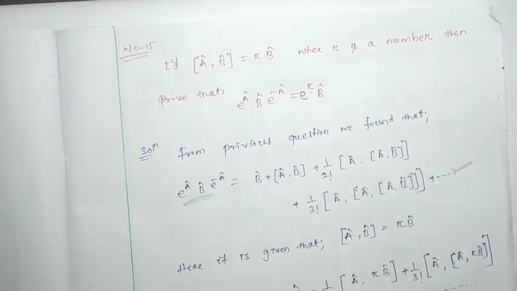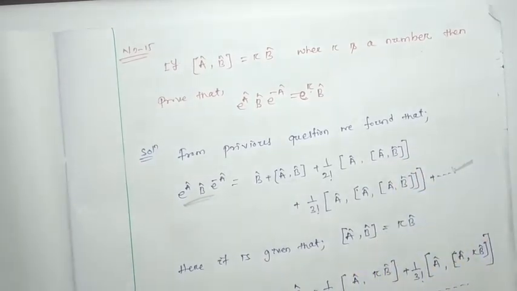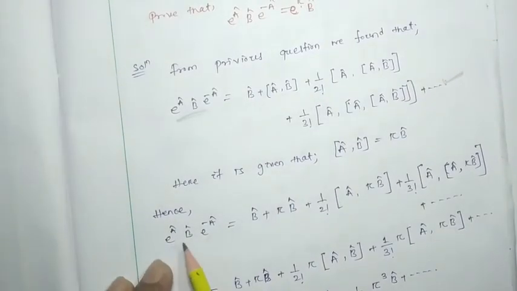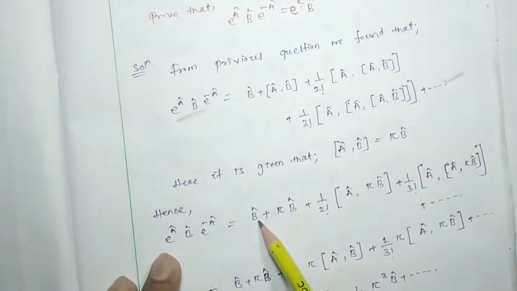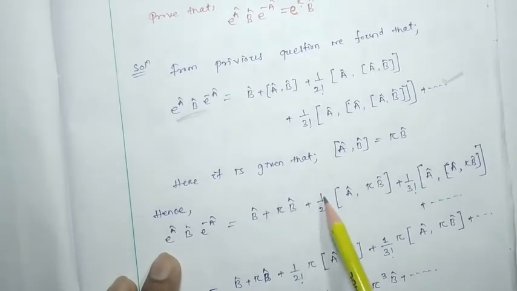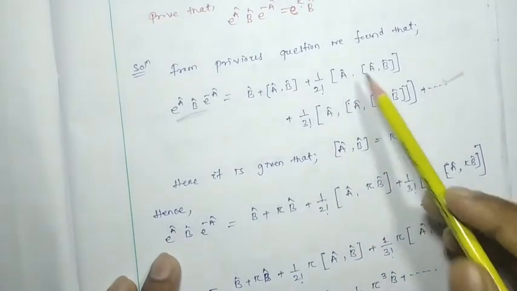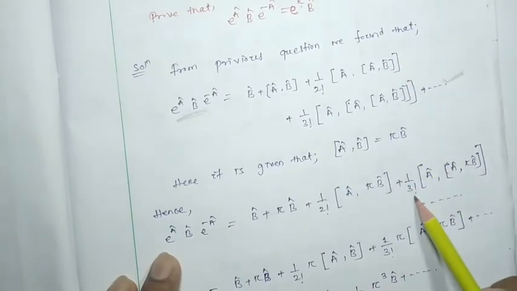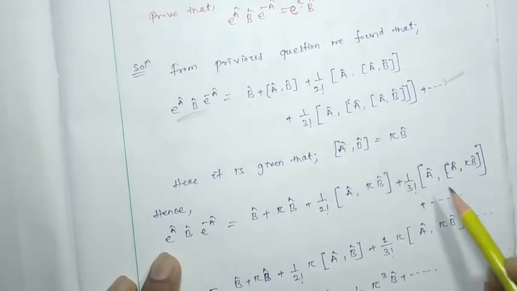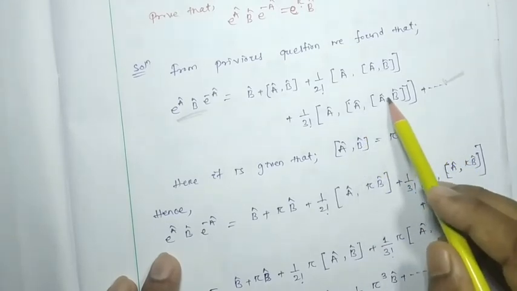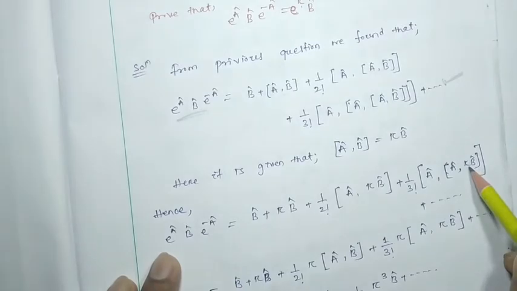Okay, so here it is given that the commutator of a cap and b cap is r b cap, so we are just going to substitute. The left hand side, as usual, will be b cap. Instead of the a cap b cap commutation, I am going to write r b cap in the 1 by 2 factorial term, plus 1 by 3 factorial, with a cap there and the commutator written as r b cap.